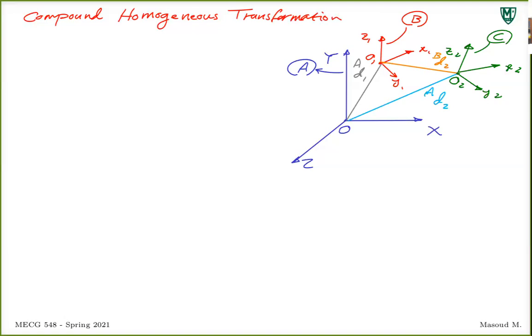Now, if you write it, let's say transformation from B to A, transforming coordinates from frame B to frame A, I can represent that using the transformation matrix from B to A. And remember this one, that's very ugly.